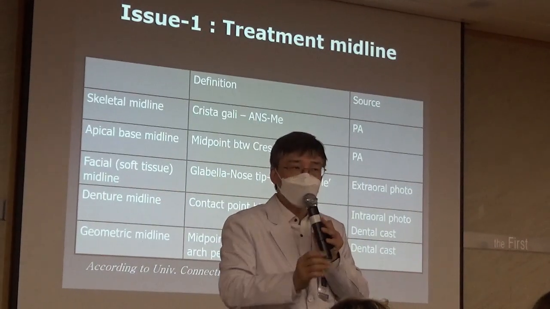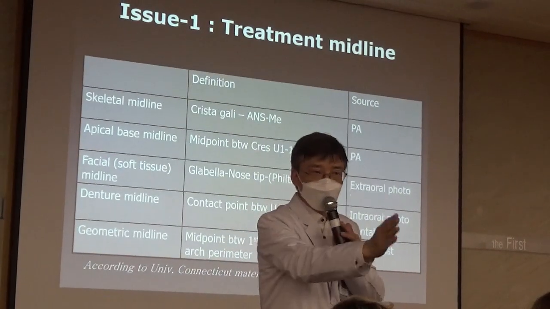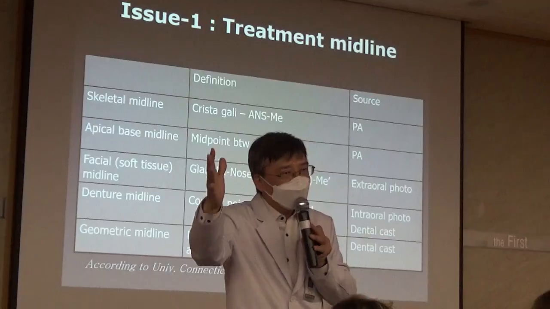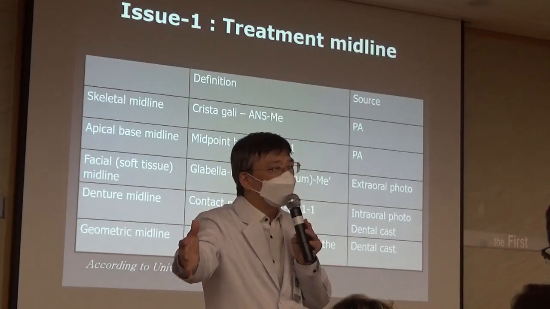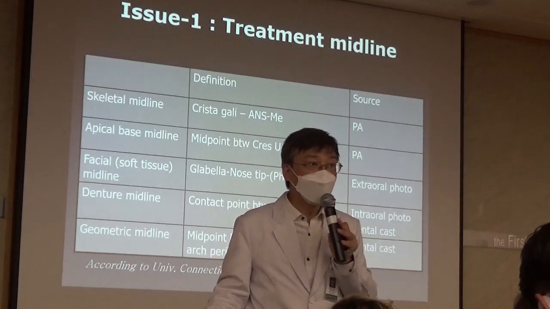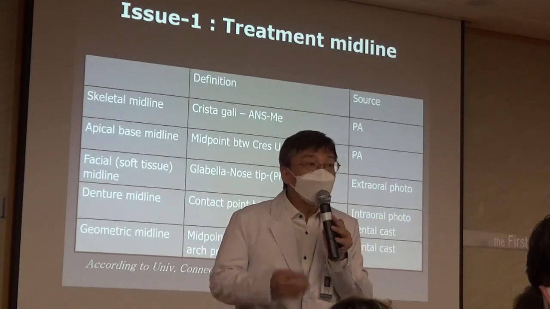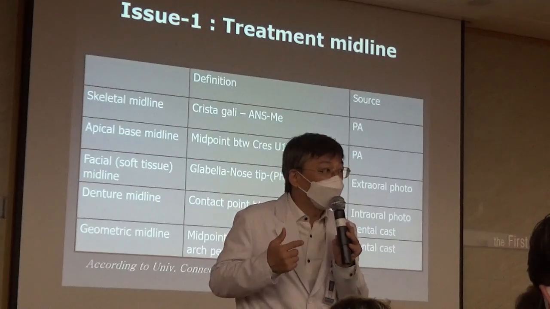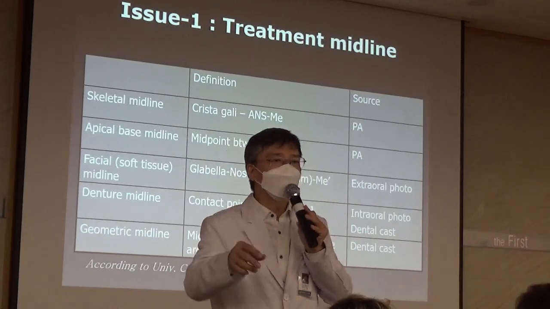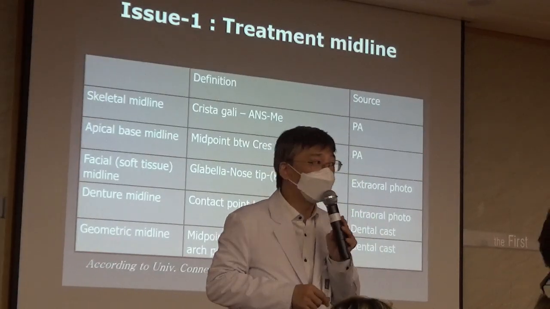Okay, now I noticed you have 2 millimeters on the right, class 2 molar on the right, slightly less class 2 or class 1 molar on the left. We have so many of these cases. Always asymmetric. But do we try asymmetric mechanics between right and left side? Yes or no?